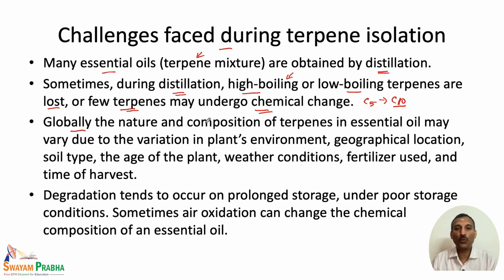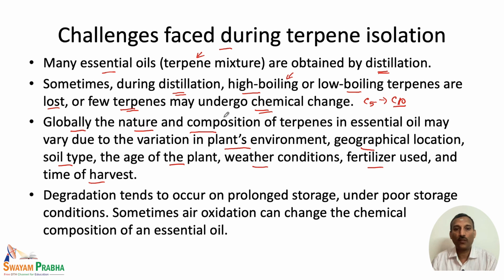Due to various changes, especially the environment in which the plant is grown, the geographical location, the soil type, the age of the plant, different weather conditions, cold, hot or arid, or the different types of fertilizers used and the time of harvest, all these things lead to a different composition and nature of the terpenes present in a particular essential oil.